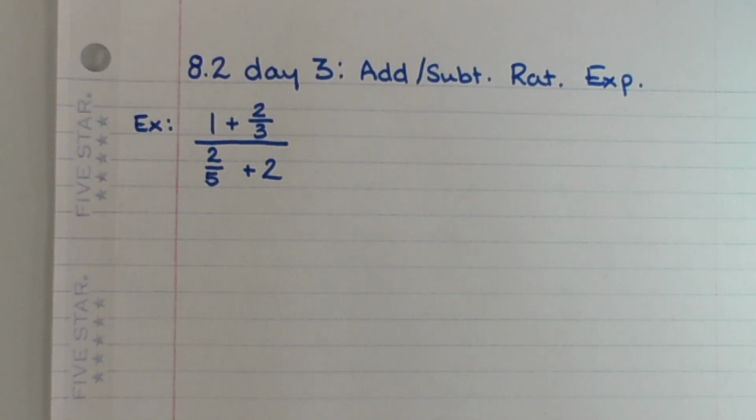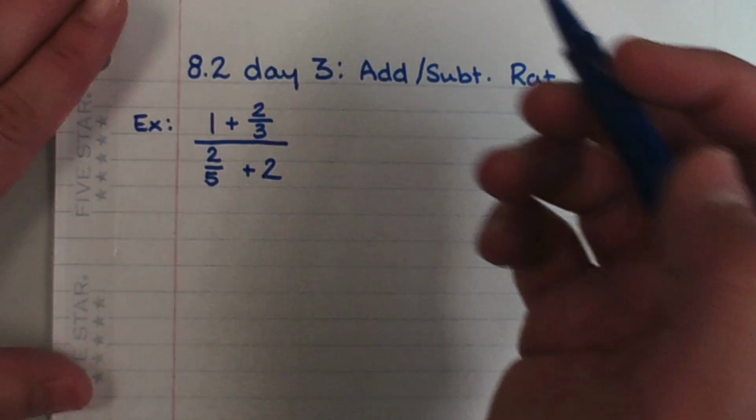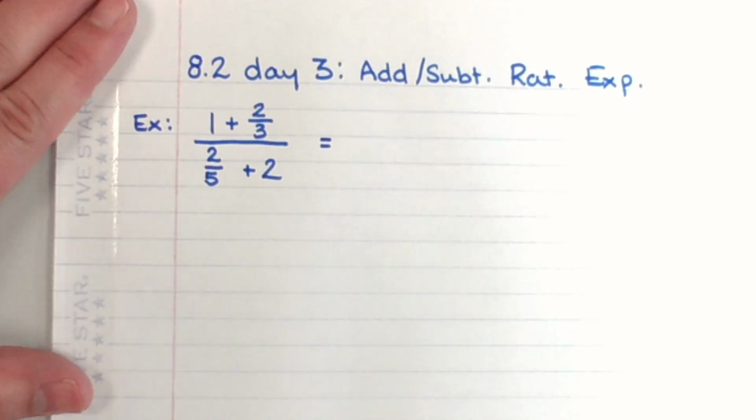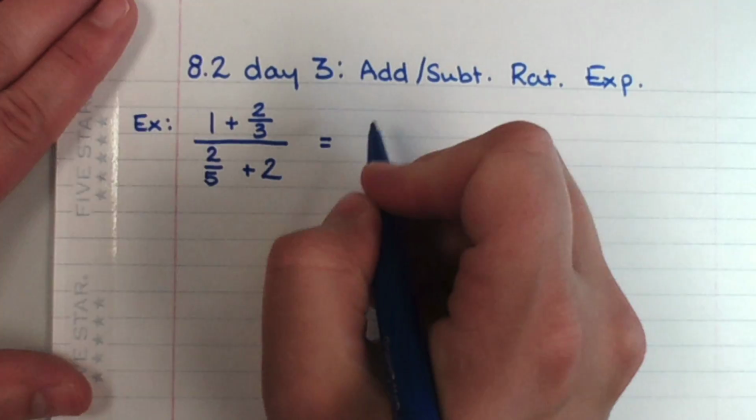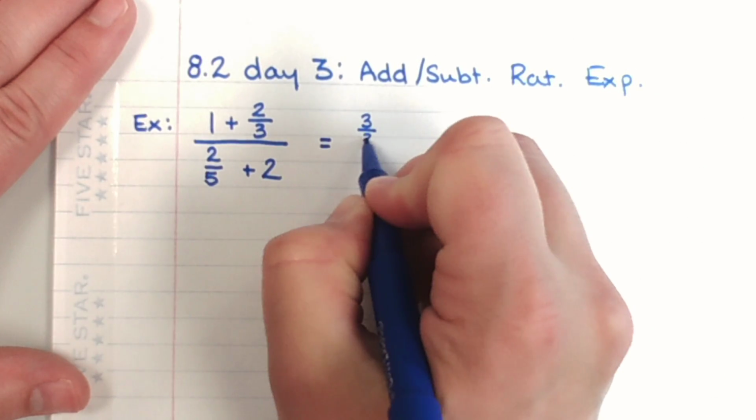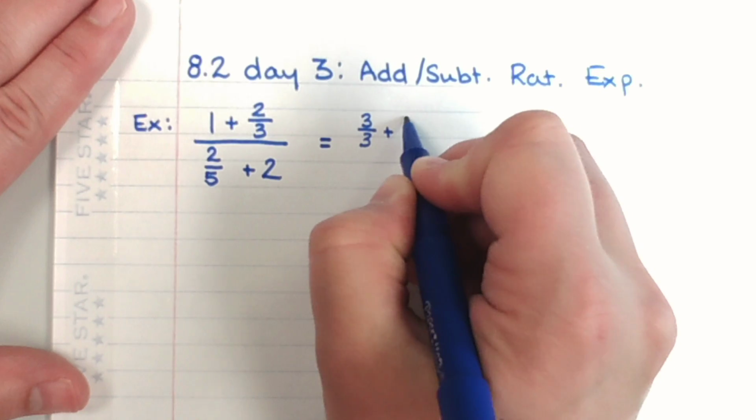How do I get 1 plus 2/3 to be just one fraction? You start adding them. In order to add, what do we need? Common denominator. 1 with a common denominator would be 3 over 3. Because it's currently 1 over 1, technically.